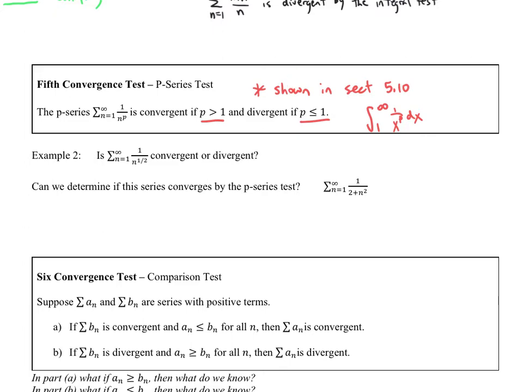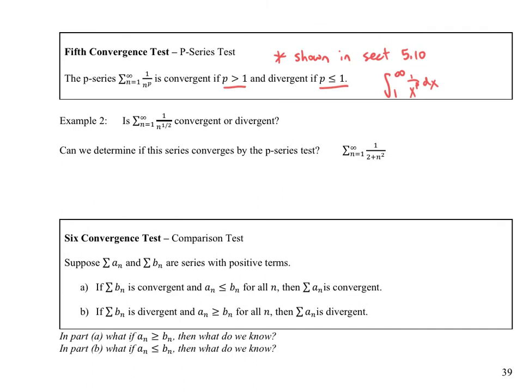So in this example, what I'm going to do is I'm going to show you, first off, in example 2, a really simple one. So obviously this is going to be the exact form of what we're talking about with the pSeries test. The p value here is 1/2, which is, of course, less than 1.